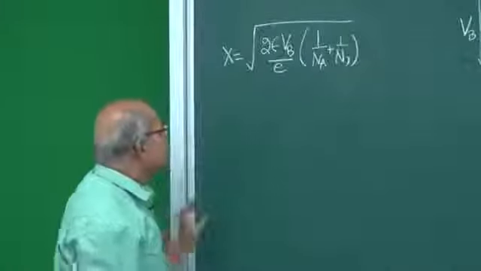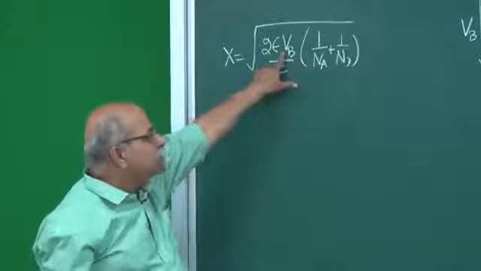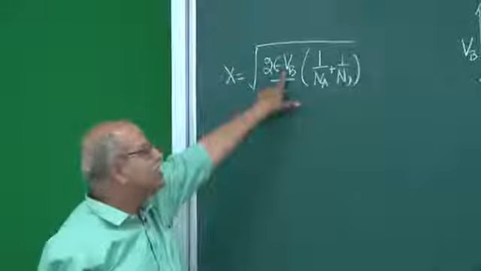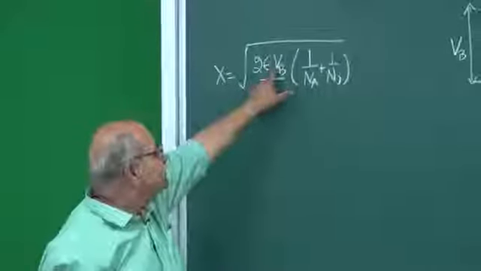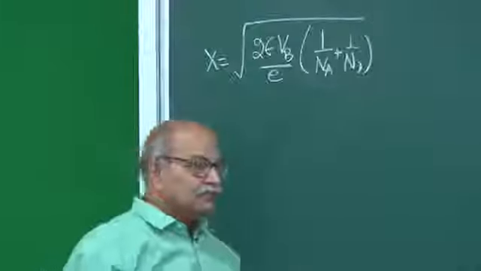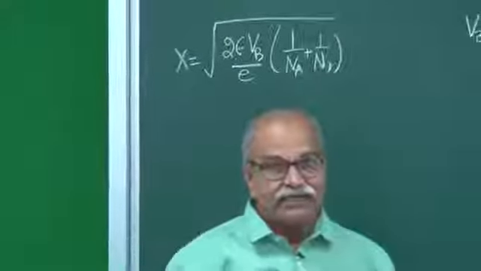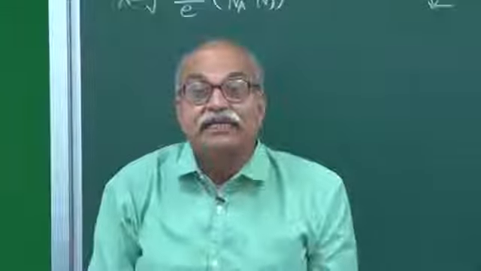Okay, so that's it. Now this VB is something which we still do not know, right? That VB in fact depends on the dopant concentrations and also on temperature.